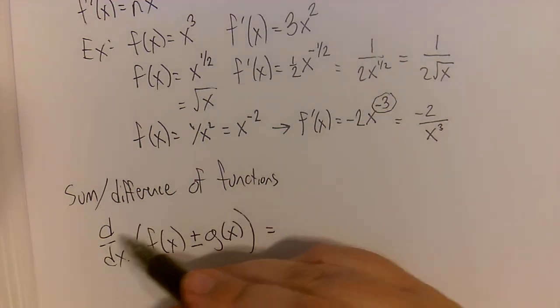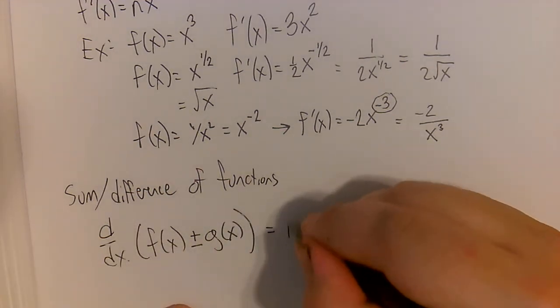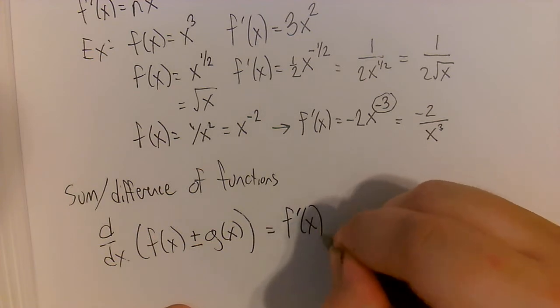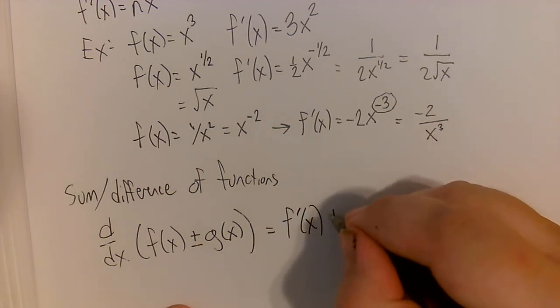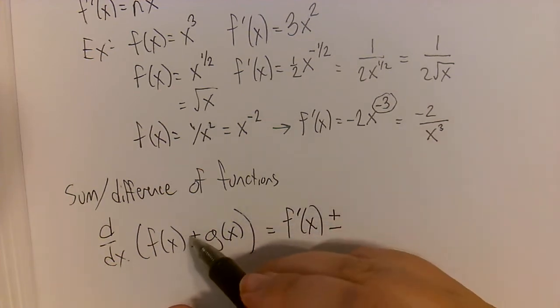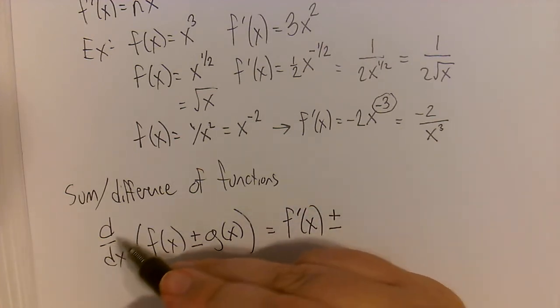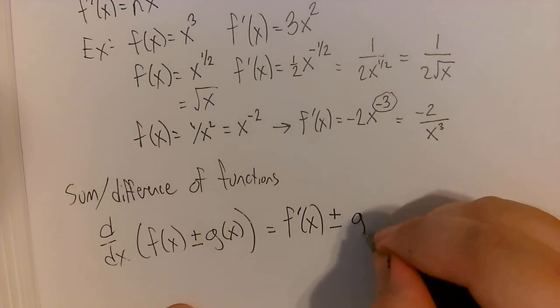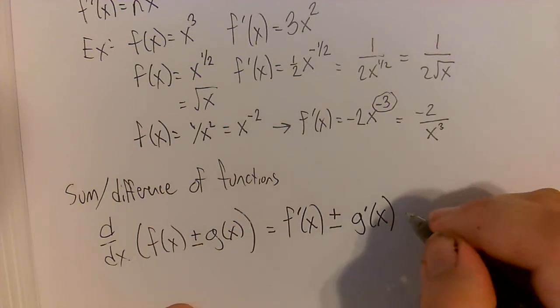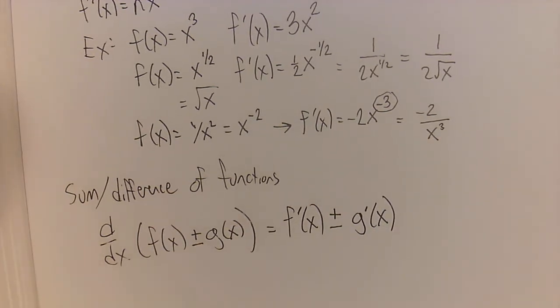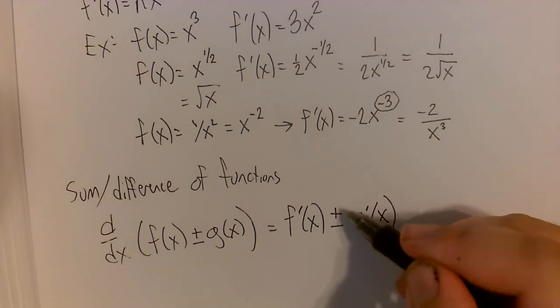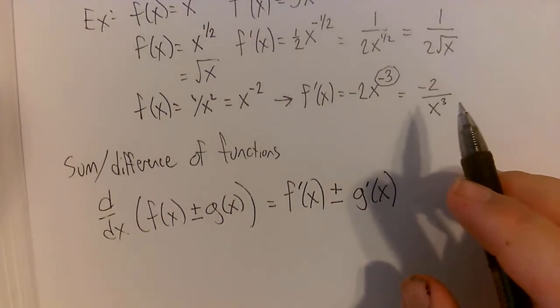So for example, I can apply the derivative to f of x and make f prime of x. We keep whatever the sign is, so if it was positive here, it'll be positive here, and same with negatives. And then we could do the derivative of g of x. So in summary, if we have the sum or difference of functions, we can simply take the derivative of each one of them separately. So derivatives split over addition and subtraction.